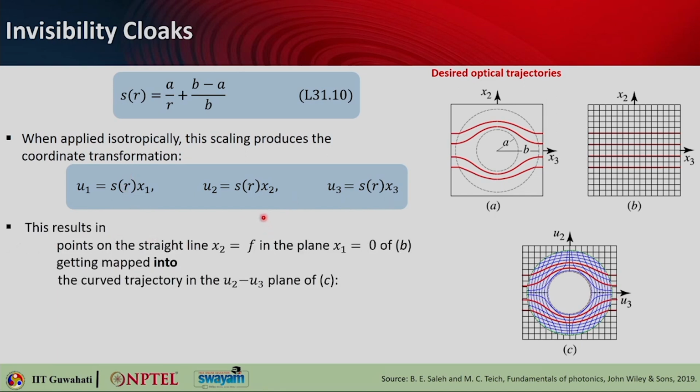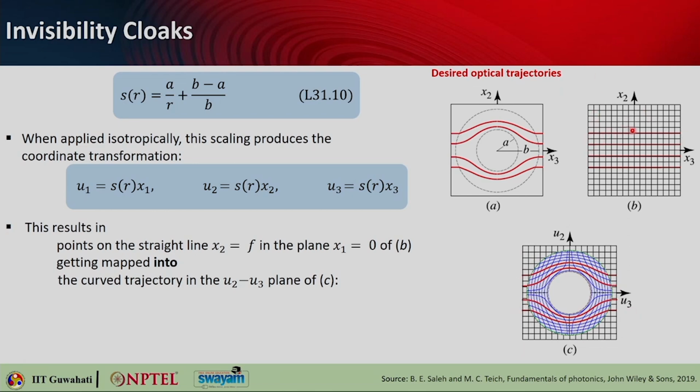And what will be the result? The points on the straight line, say x2 equals f in the plane x1 equals 0, will now get mapped into the curved trajectory, one of these trajectories in the u2 u3 plane. So this is how all of them will now go around.